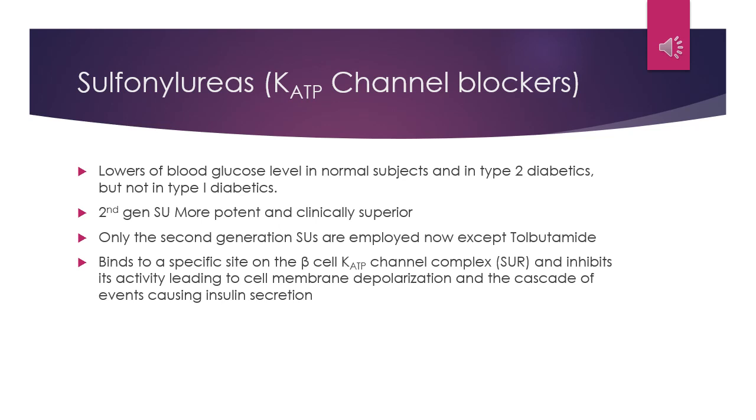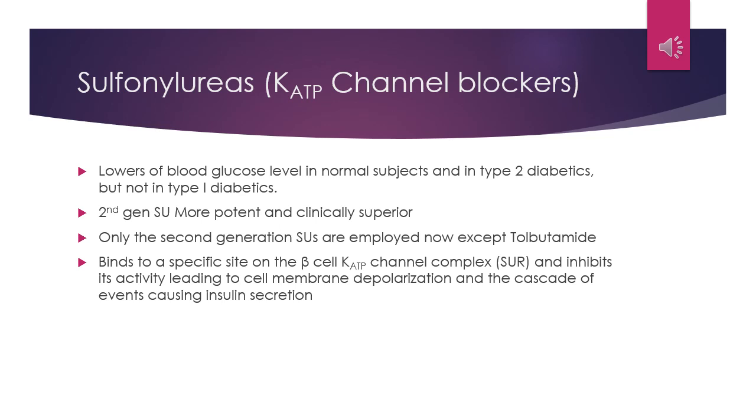As a result, there is decrease in blood sugar level in type 2 diabetes mellitus patients, but the same can also happen in normal subjects because released insulin decreases blood sugar even in normal patients. Second generation sulfonylureas are more potent and clinically superior. Examples are glimepiride, gliclazide, and only tolbutamide belonging to the first generation sulfonylurea group is used nowadays.